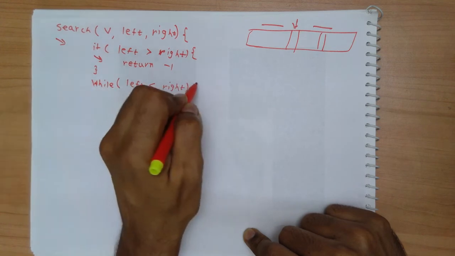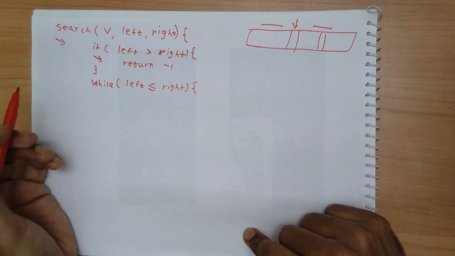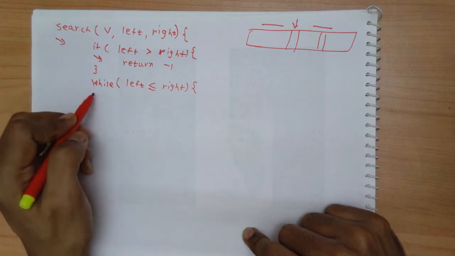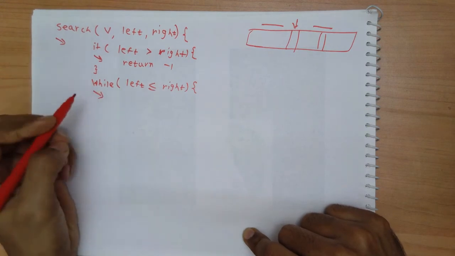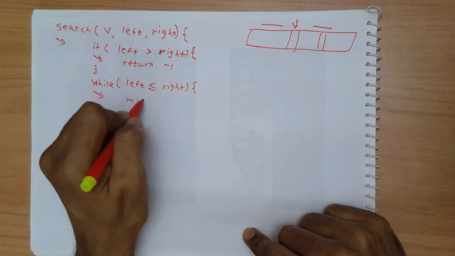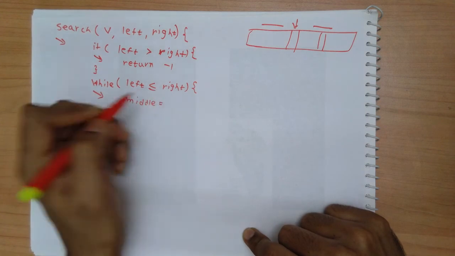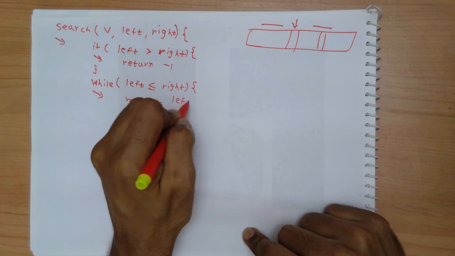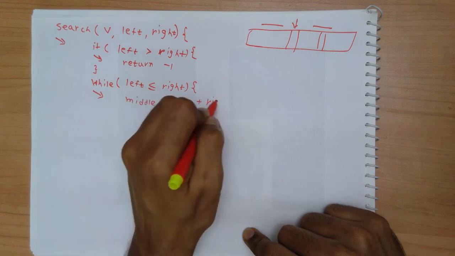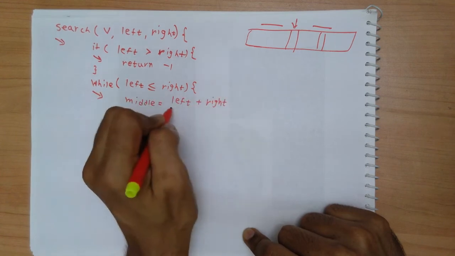So let's keep that. While left is less than or equal to right, we should do something. What is it that we should do? Let's think about it. First we have to compute the middle. So we'll compute middle equal to (left plus right) divided by 2.